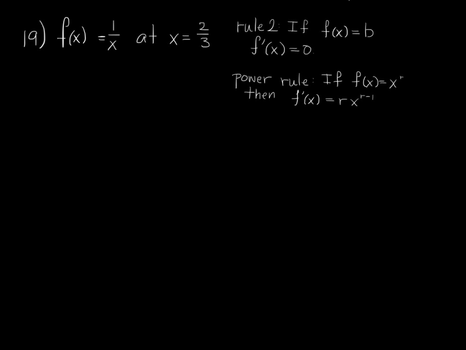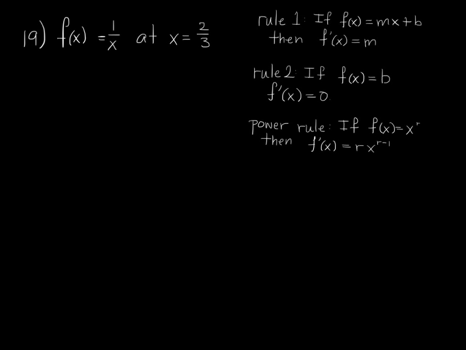All right, we're trying to take the derivative of this function here, f of x equals 1 over x. And remember that it's easiest to change a function like this into a power, bringing the denominator up so that we can use the power rule. So what we have here is really f of x equals x to the negative 1.